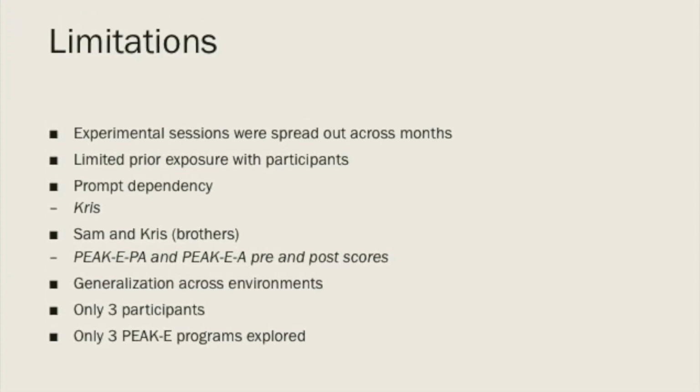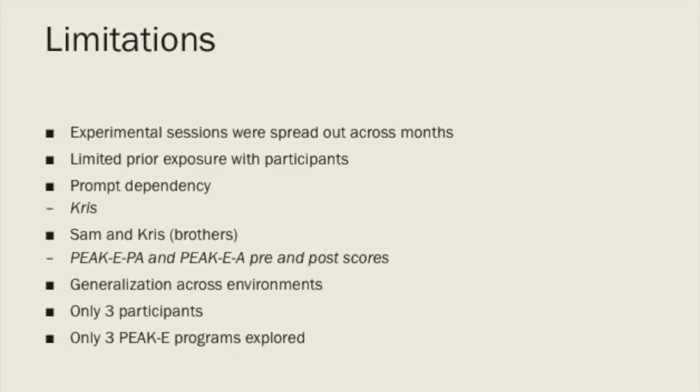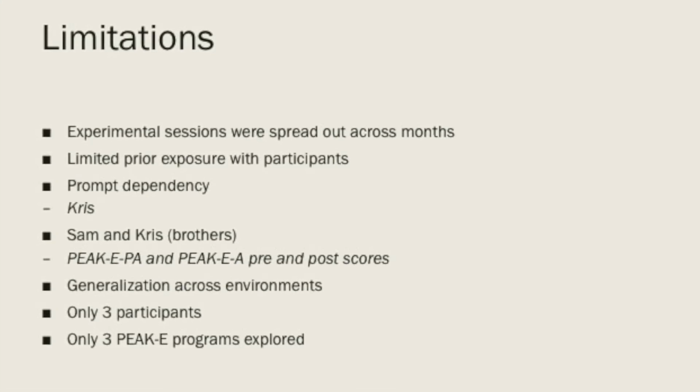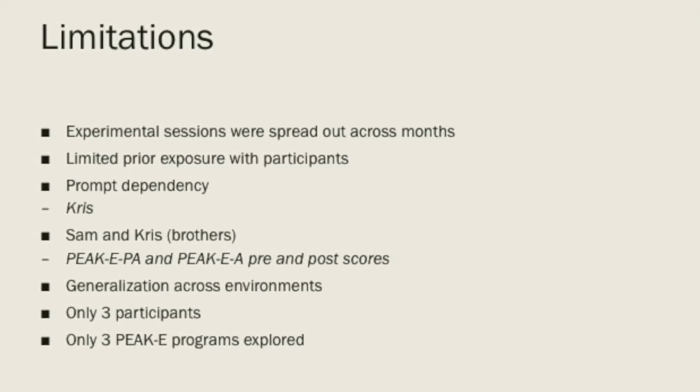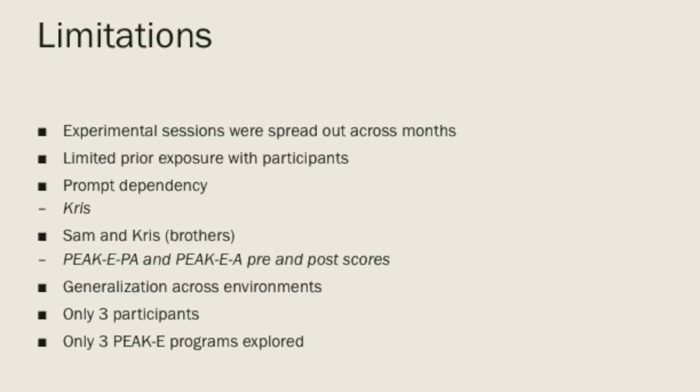The main reason behind this is Chris was younger and Sam was older, and Sam actually did have a lot of skills that Chris did not, as far as being able to read and write, and a lot of those skills that were assessed in the Peak E assessment, Chris was not able to do, so that's why you see a little bit of the difference there.